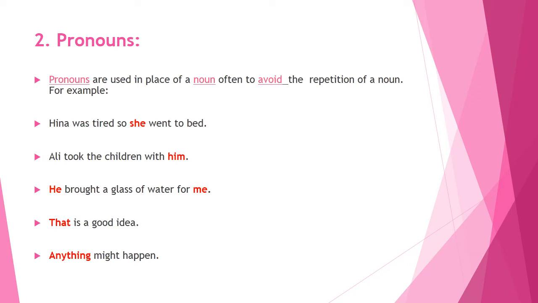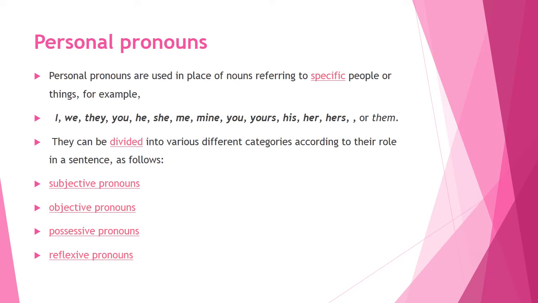Some pronouns are used in objective form and some are used in subjective form. So let's discuss other types of pronouns. The very first type of pronoun is called personal pronouns. Personal pronouns are used in place of nouns referring to specific people or things.